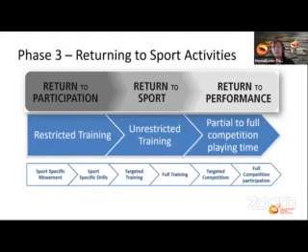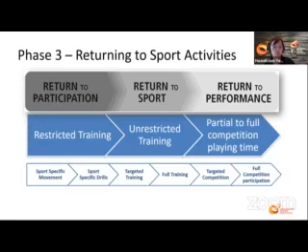When we talk about targeted competition, it depends on the type of sport. So take, for example, badminton, it would be to say, okay, I just want you to start playing a game, a match with such a strategy.